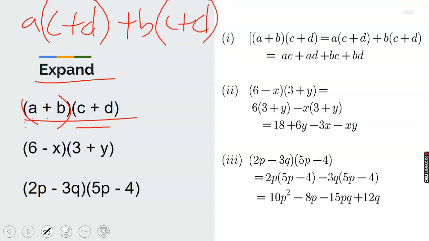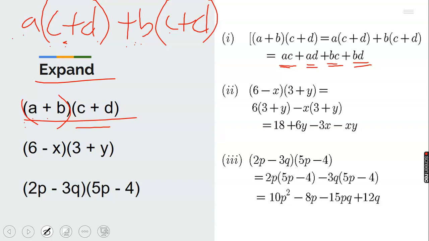You will notice that the two brackets are the same, right? Open the bracket: a times c equals ac. A times d, you can see the a there, don't forget the plus outside, plus b times c, this is the bc, plus b times d, this is the bd. That is how to expand a bracket.